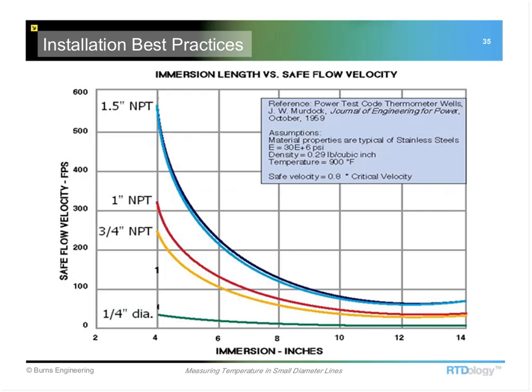This chart shows for a 1/4 inch diameter sensor, this would be like a direct immersion style sensor, 4 inches of immersion. We got about maybe 30 feet per second is a safe flow velocity. If you go over that with that particular immersion length of 4 inches, it can start to vibrate. Worst case, it's going to break off and head on downstream and really screw up something.